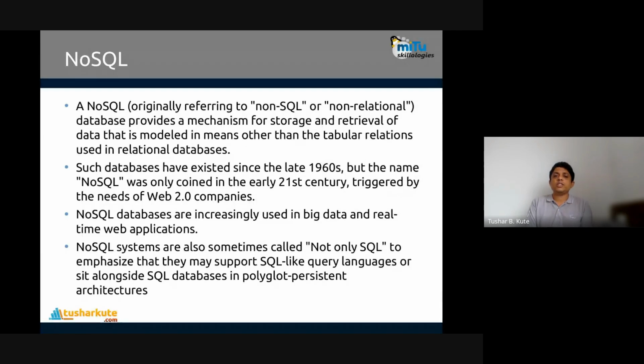Now, databases have existed since the late 1960s. The pioneer in the development of relational databases was Oracle. When they released Oracle's second version, it was one of the great database systems, used by many companies, and it gave birth to a new term in computer engineering, database management systems.